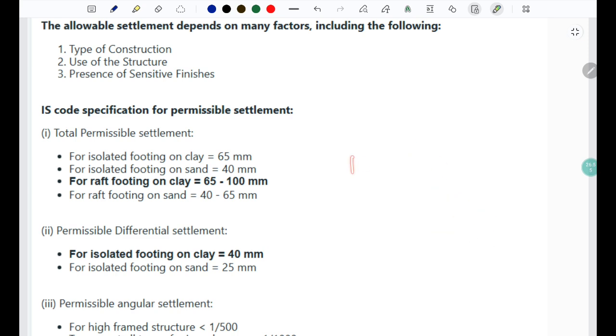In sand the settlement happens quickly, in clay it happens slowly, but the total amount of settlement will be much more than in the sand. So for raft we have a range. We have to keep in mind that be it isolated or be it raft, the amount of settlement in clay will be more than that in the sand.